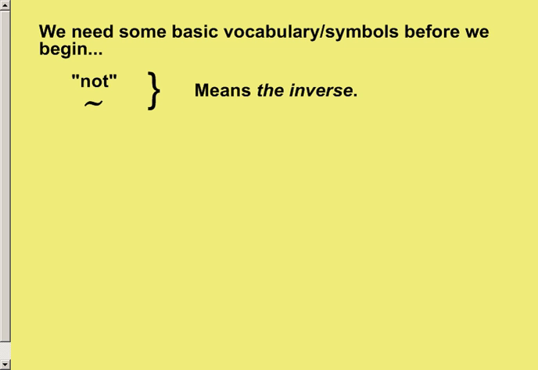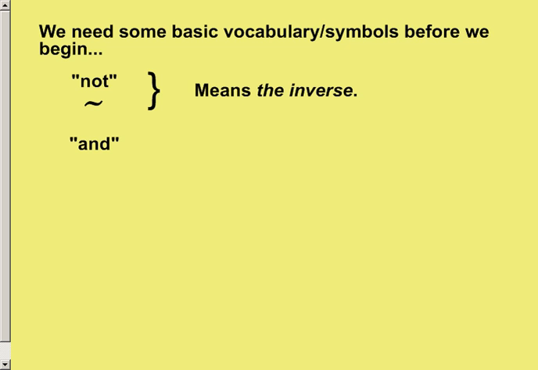Now, when you see either one of these guys, it means inverse. And if you remember, what an inverse did is it took part of our conjecture and it negated the meaning. Meaning things that used to be true became false, things that used to be false became true. It simply reversed the meaning of the verb.